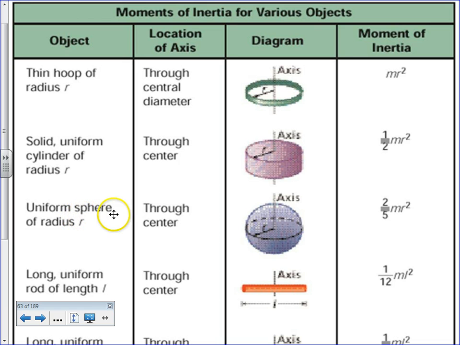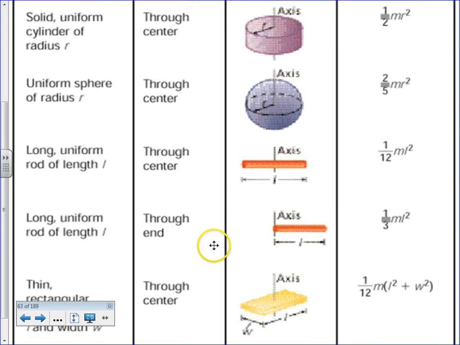If I have a sphere, with the axis of rotation down through the middle, I now have a different formula. It ends up being 2/5 mass times the radius squared. And again, I'm going to be giving you these formulas if you need to use them.